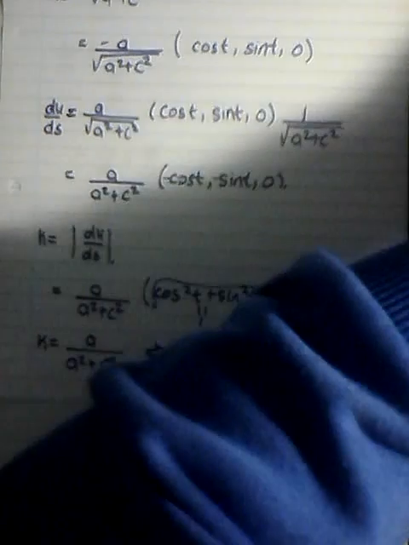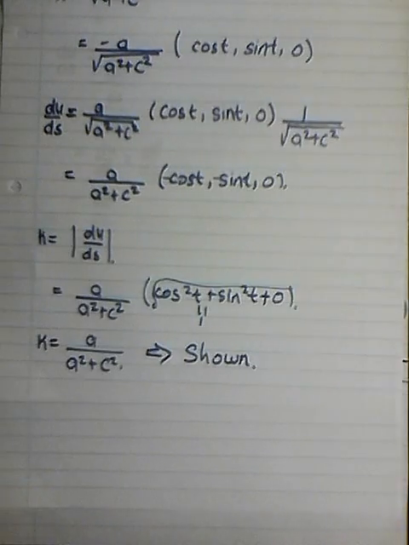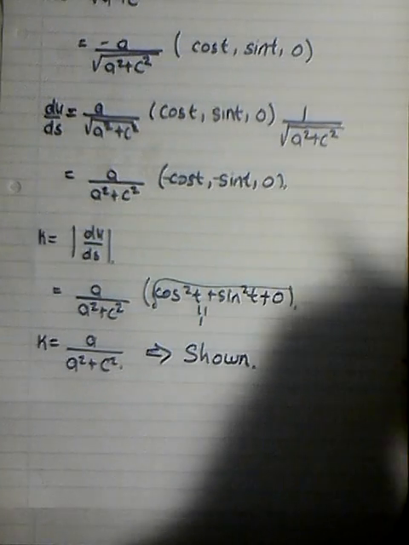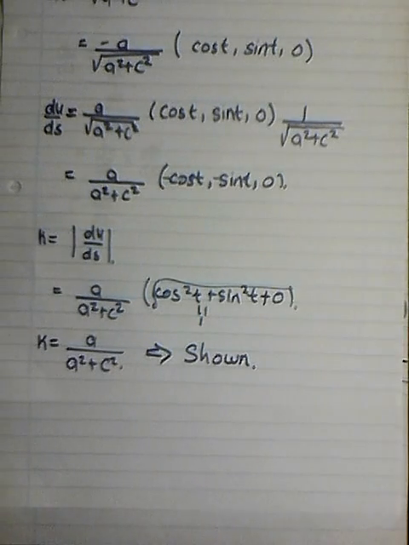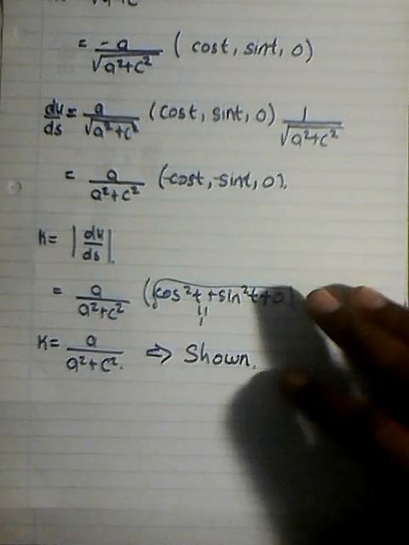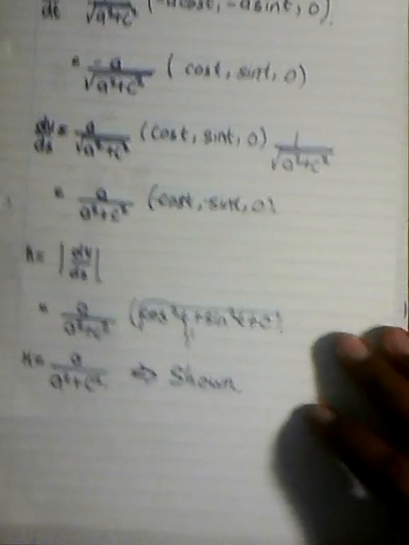Now the next question, question B, wanted us to write down the unit normal vector n and find the unit binormal vector b. So we're going to find the normal vector first.